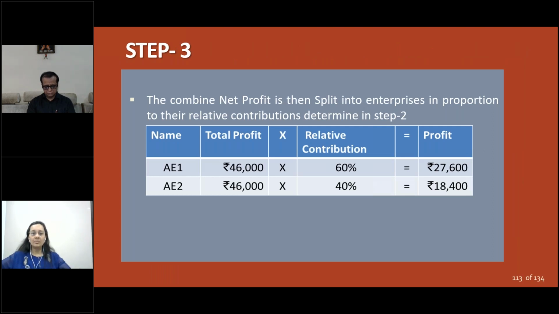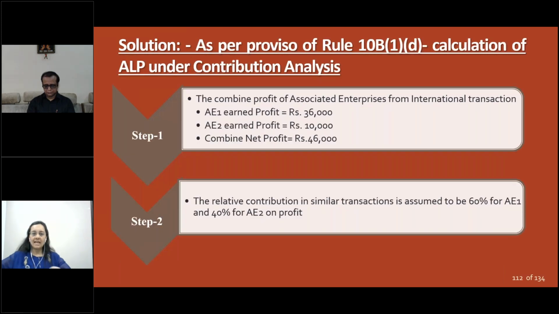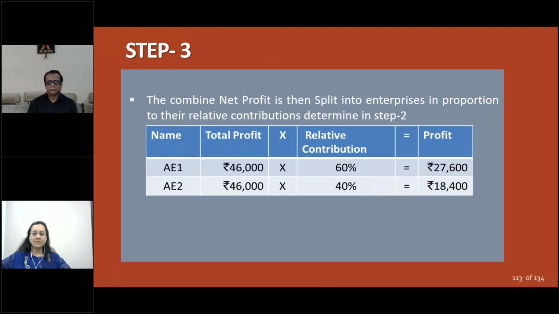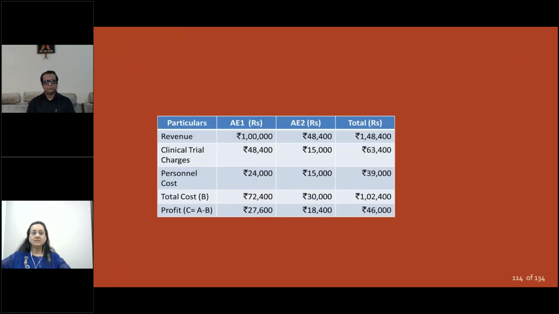Based on the total profit of 46,000 and on relative contribution, A1 should have made a profit of 27,600 and A2 should have made a profit of 18,400, whereas A2 has made a profit of 10,000 and A1 has made a profit of 36,000. Therefore, there has to be a transference of profit from A1 to A2 to apply the PSM.